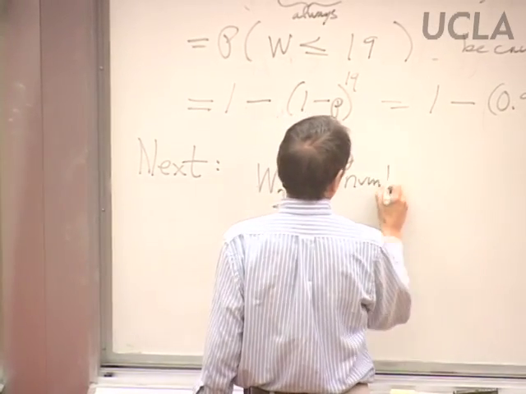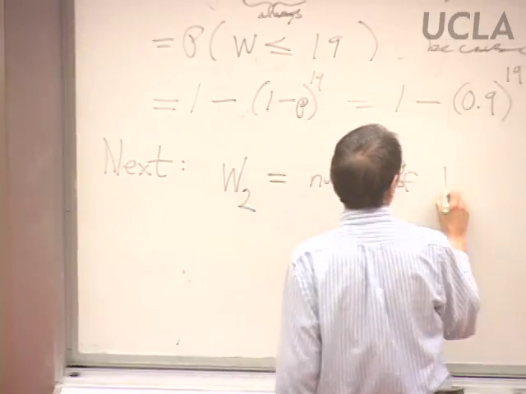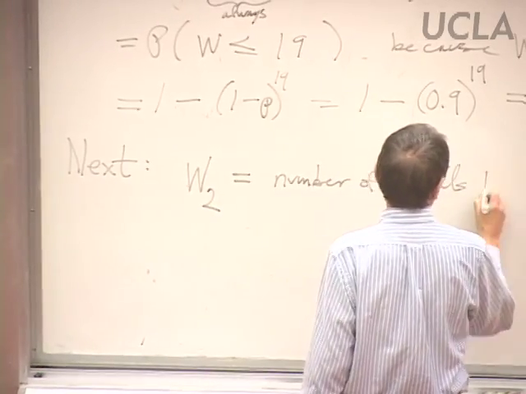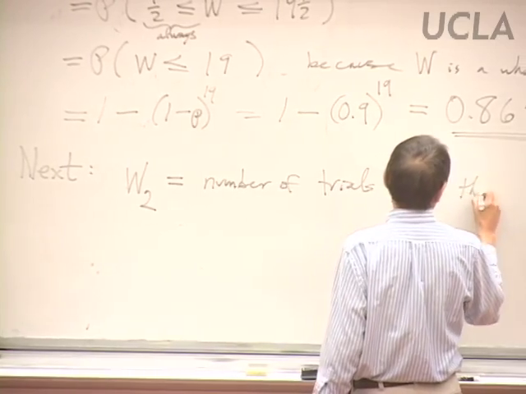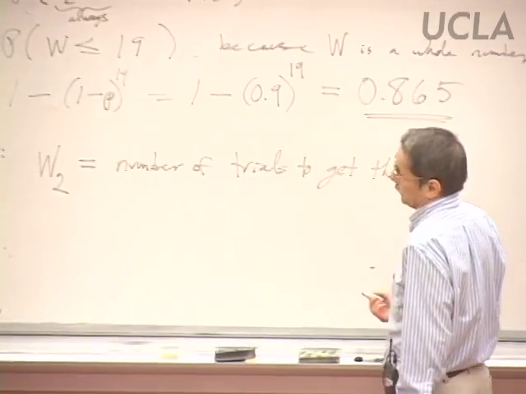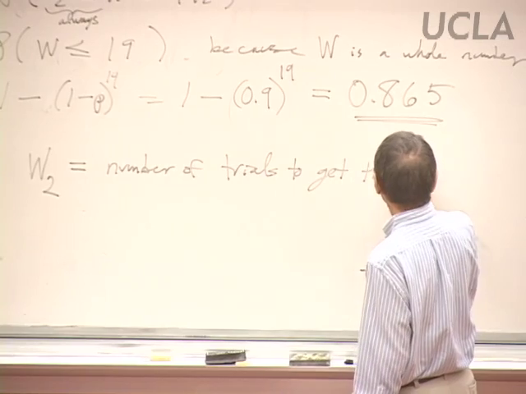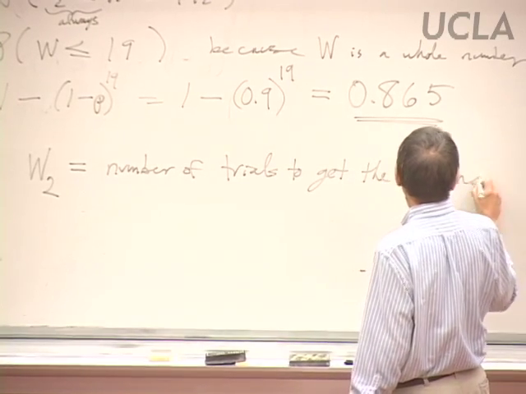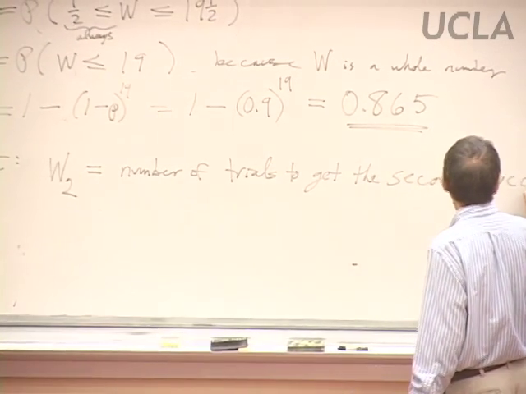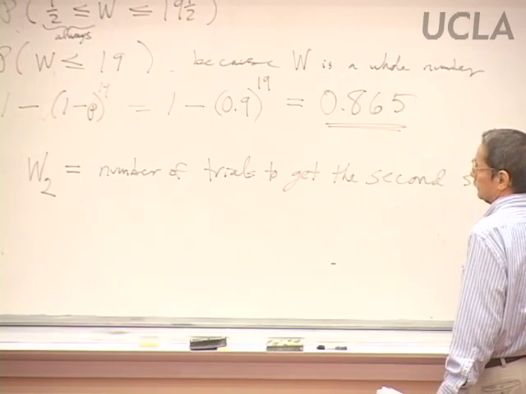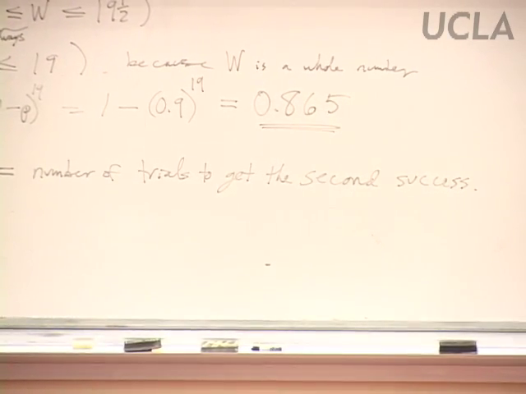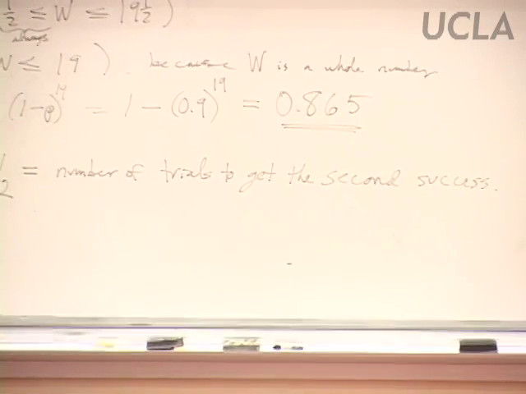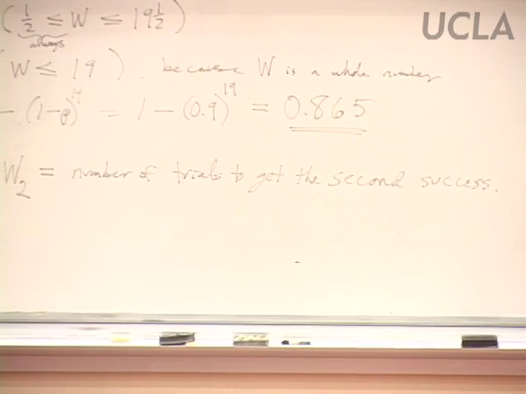That's the number of trials to get 2 successes, number of trials to get the second success. Well, we figure it's going to take more trials to get 2 successes.